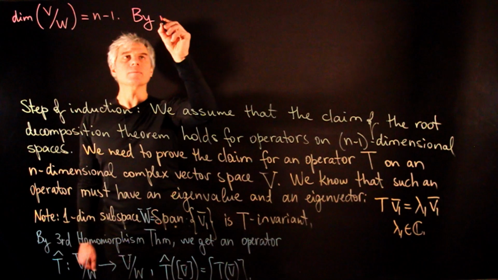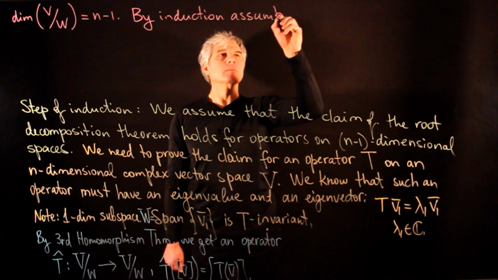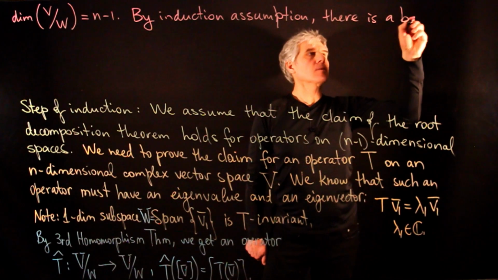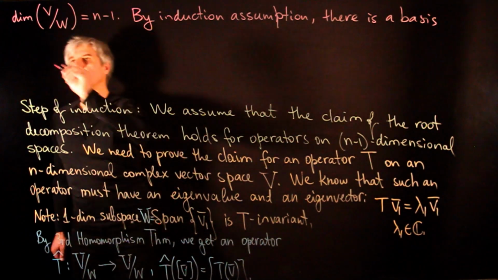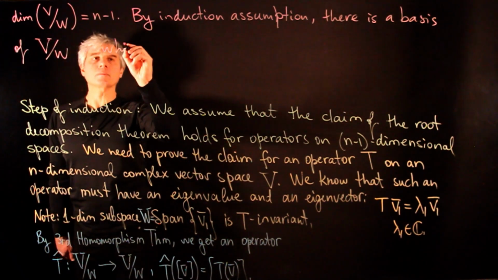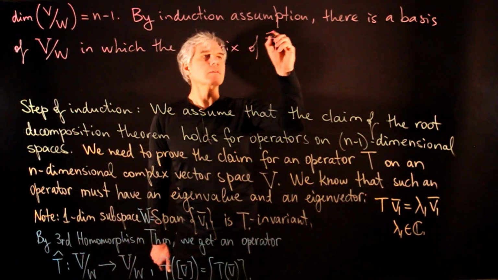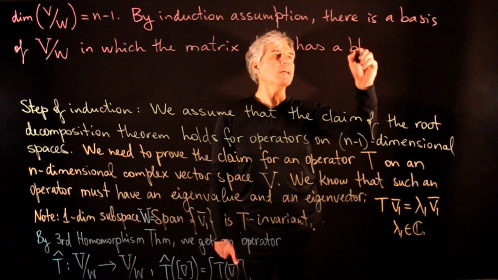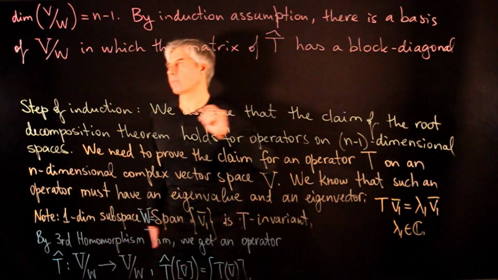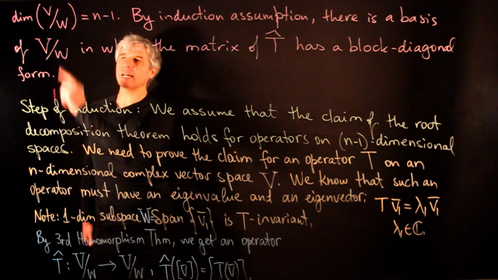By the induction assumption, there is a basis of the quotient space in which the matrix of T hat has a block diagonal form, where the blocks correspond to the root spaces of T hat.